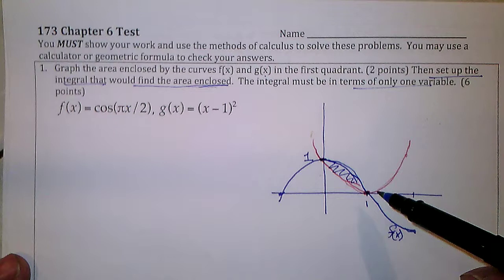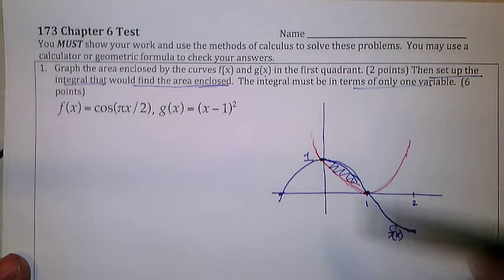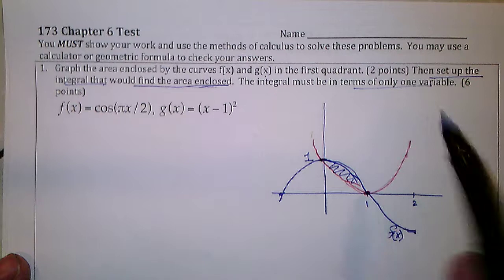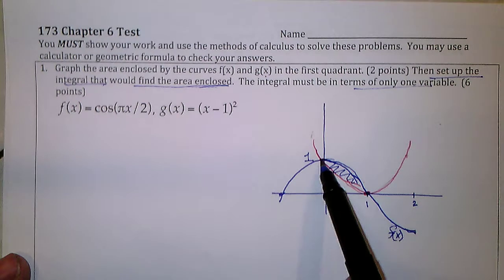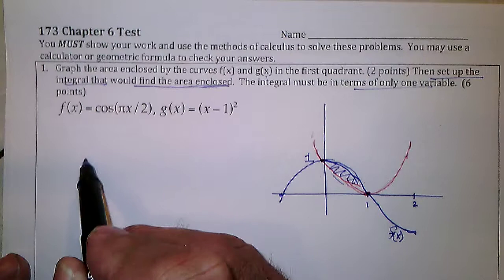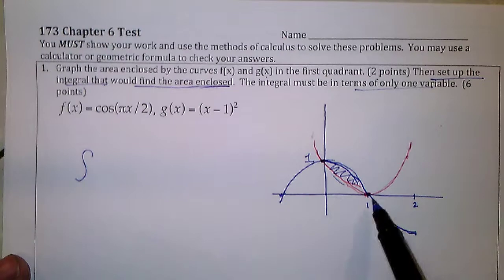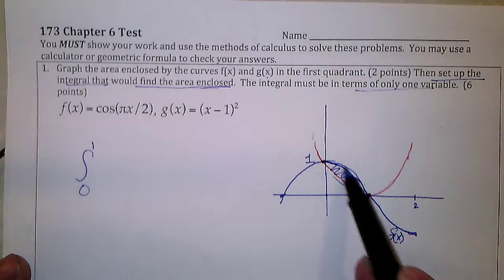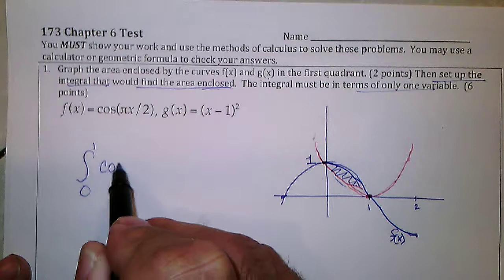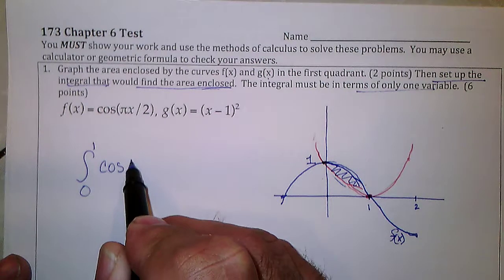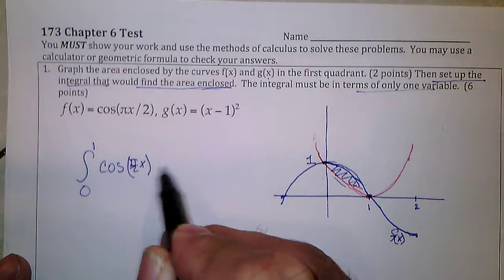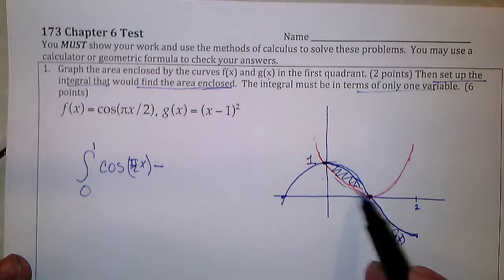Okay, I could do it vertically or horizontally, but the easiest would be just to say the highest curve minus the lowest curve. So it'd be the integral, and we're going to go from 0 to 1 of the highest curve, which is cosine pi over 2 x, minus the area under the low curve.